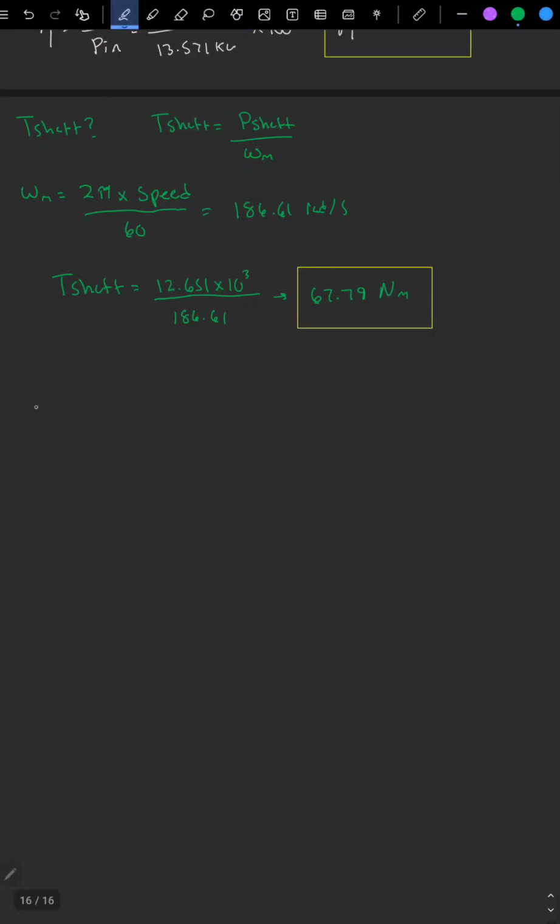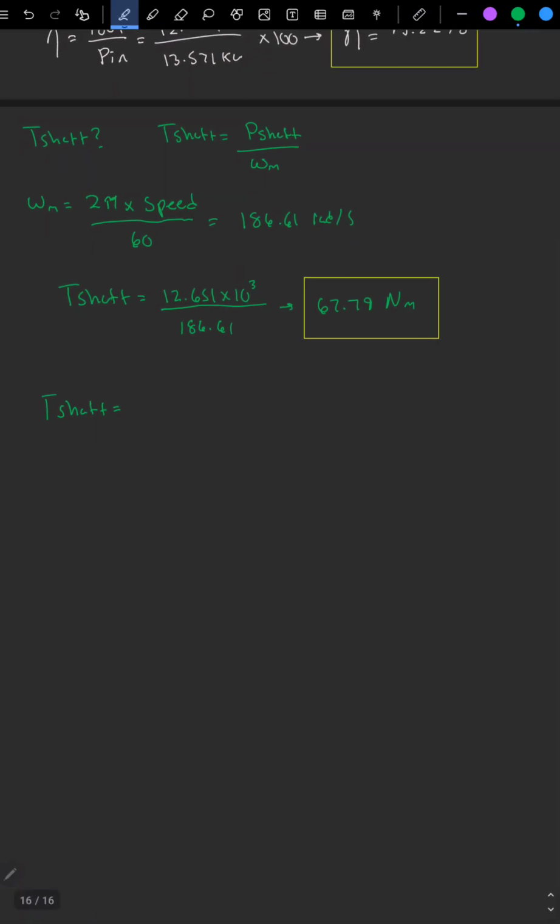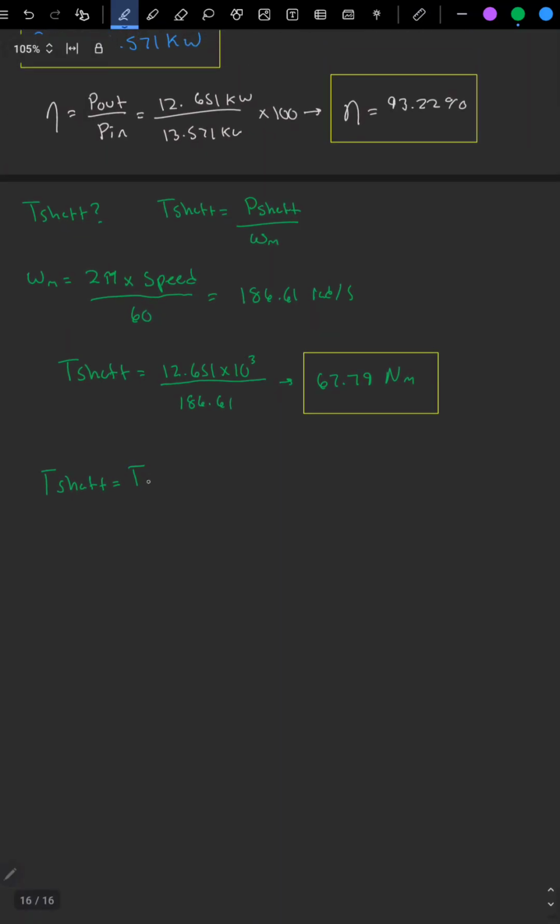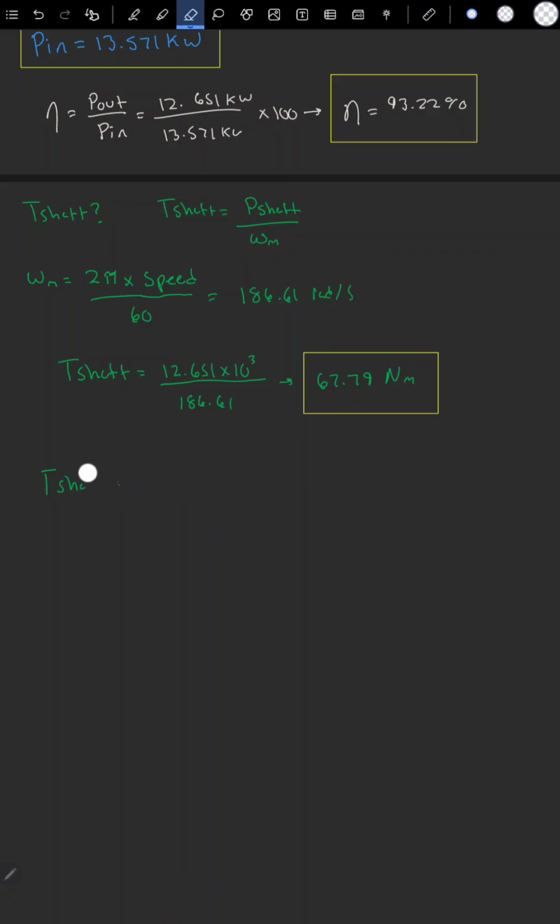Another way to calculate T shaft would be, actually, sorry, I was in the wrong direction with that.